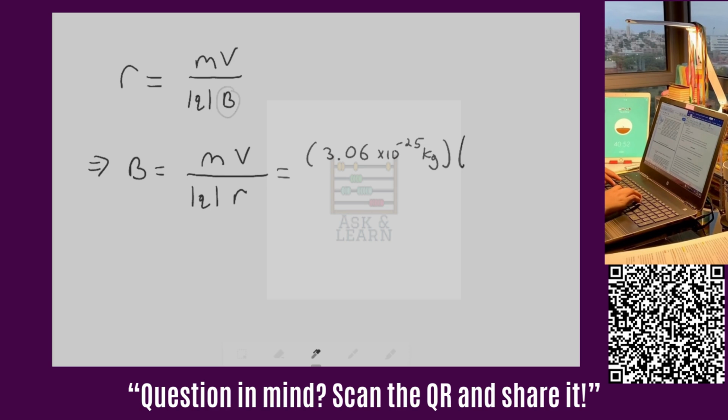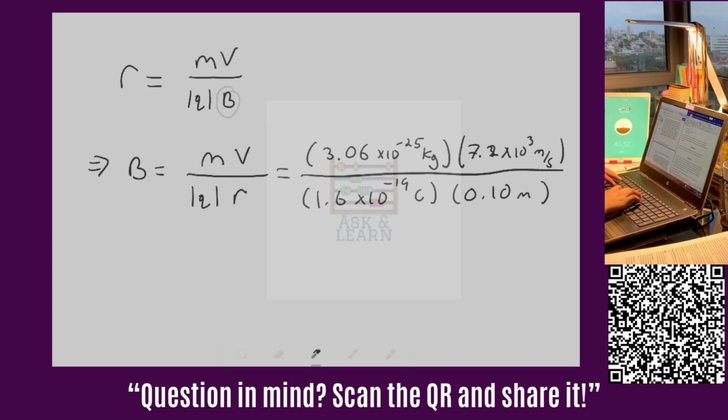Its speed in this mass spectrometer is about 7.2 times 10 to the 3 meters per second. Its charge, it's singly ionized, so it's just one fundamental electronic charge, 1.6 times 10 to the negative 19 coulombs. And we know that the radius of the path it travels is about 10 centimeters, or 0.1 meter. Plugging this into our calculator, we see that the magnitude of the magnetic field is 0.137 teslas.